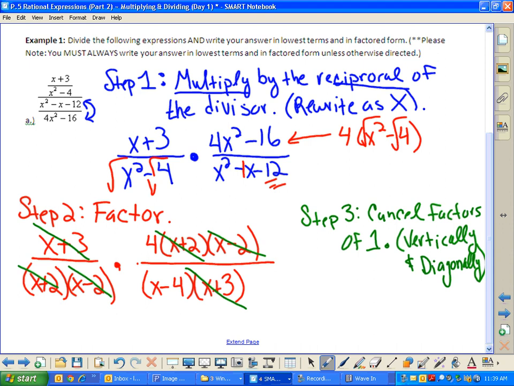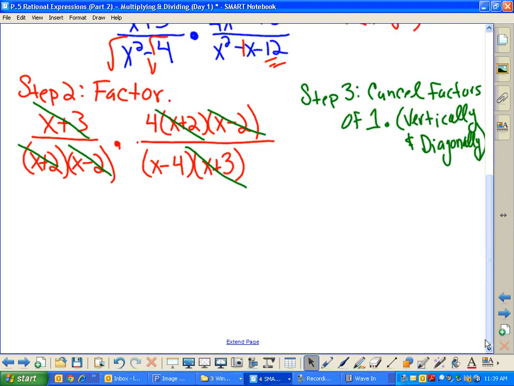And then for that, we will take some time to, in the last step, multiply and reduce if possible. So we'll do that. I always say reduce, just in case you forgot to cancel a factor.